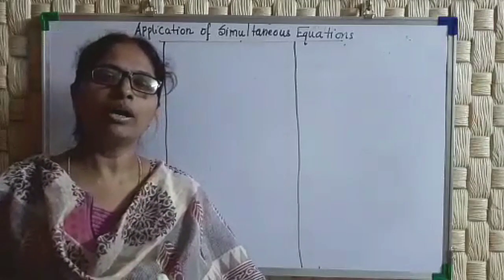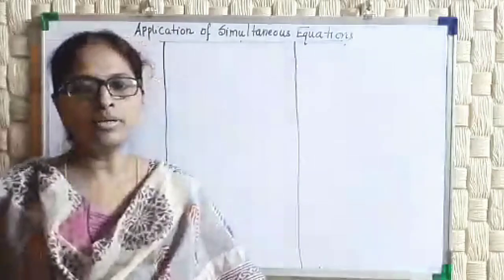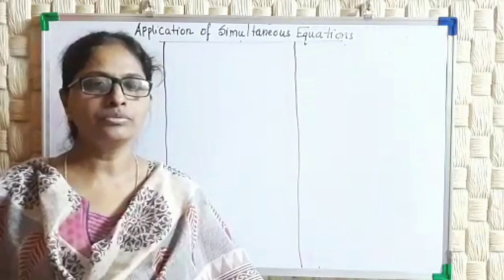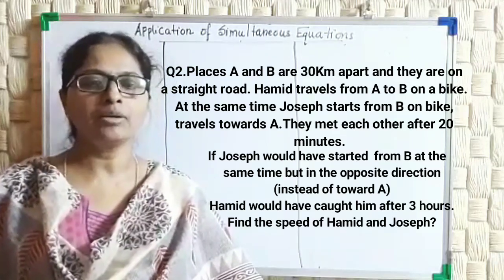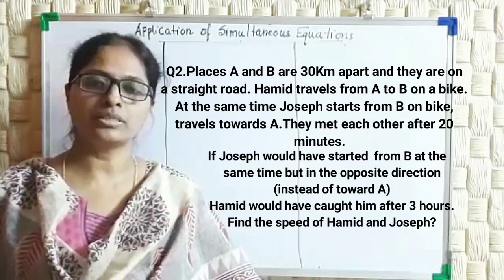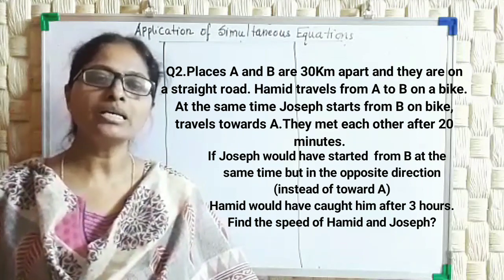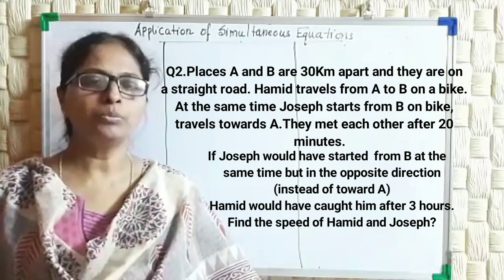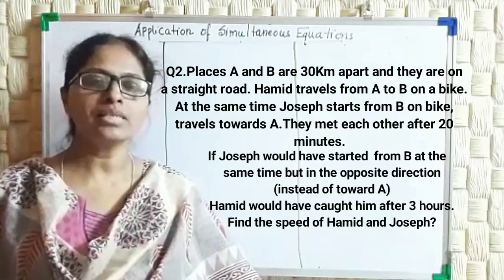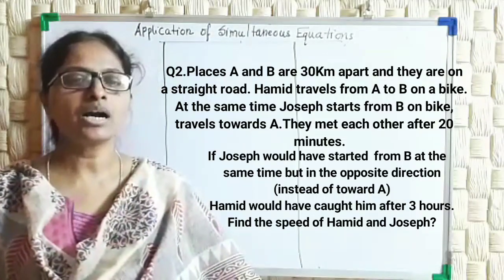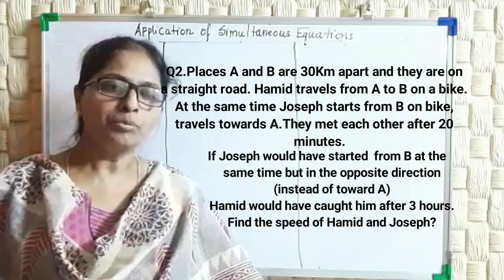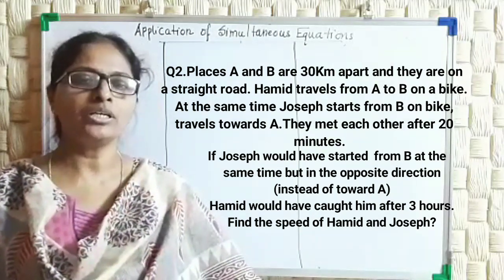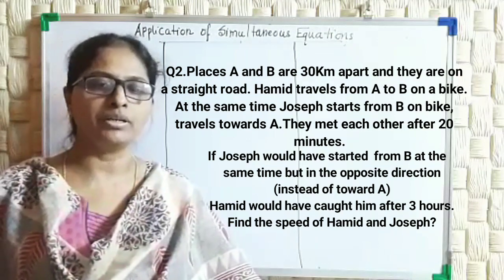So let's solve one more problem based on time, distance and speed. I'll read out the question for you all. Places A and B are 30 kilometers apart and they are on a straight road. Hamid travels from A to B on a bike. At the same time, Joseph starts from point B on a bike towards A. They meet each other after 20 minutes.